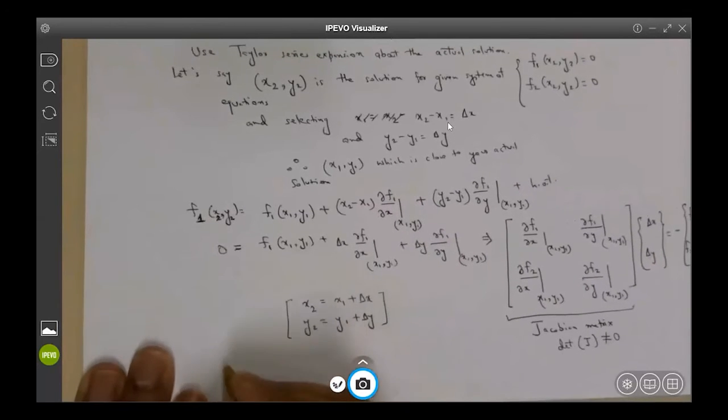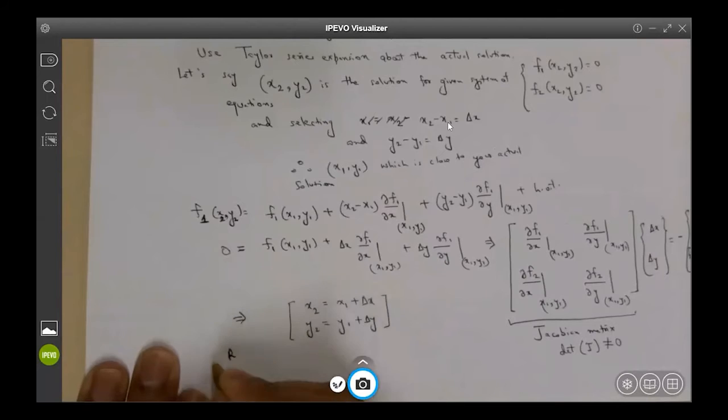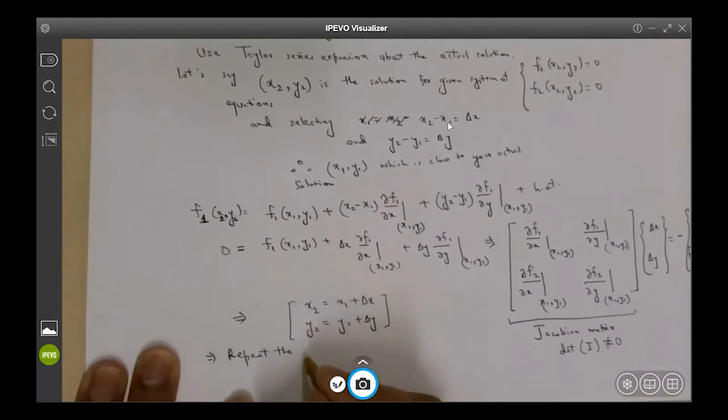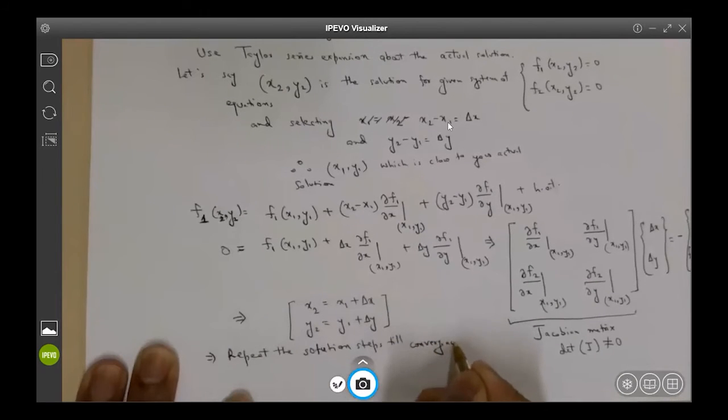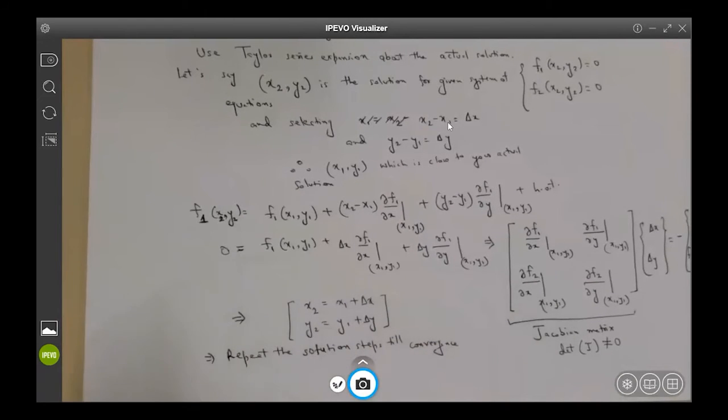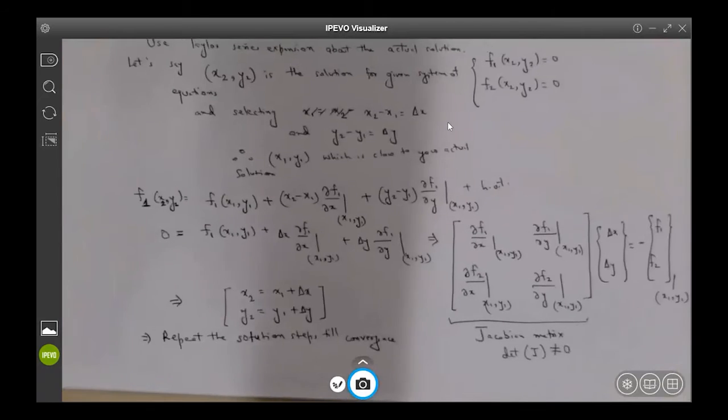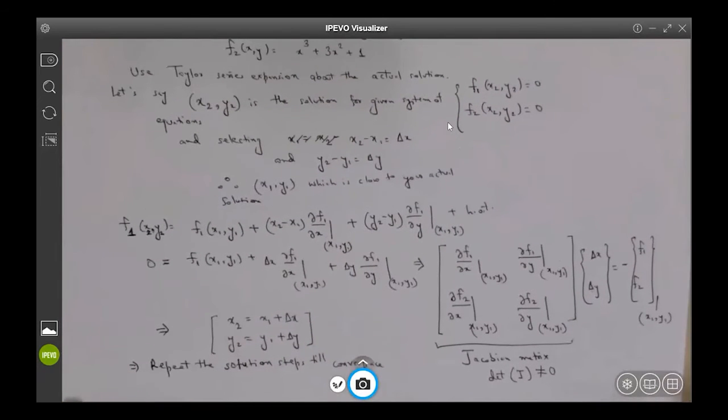Repeat the solution steps till convergence. Let me know if it is making sense to you or not.